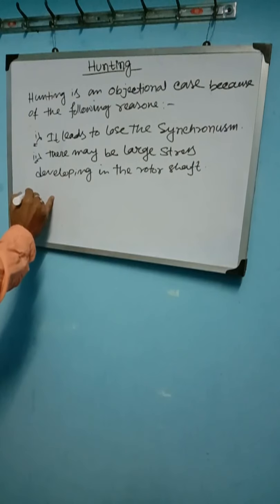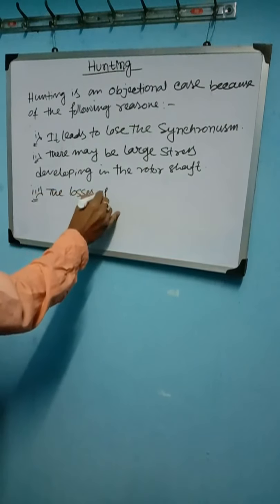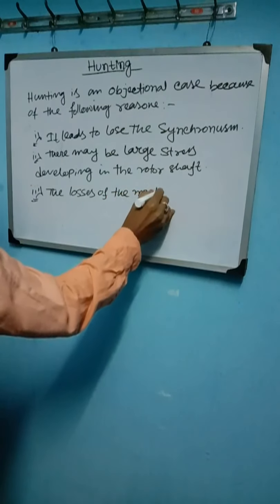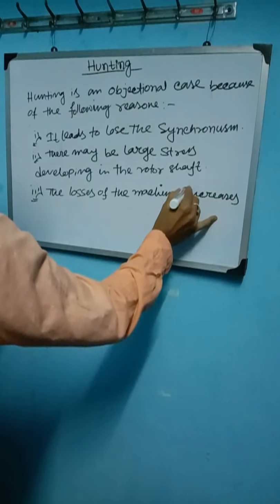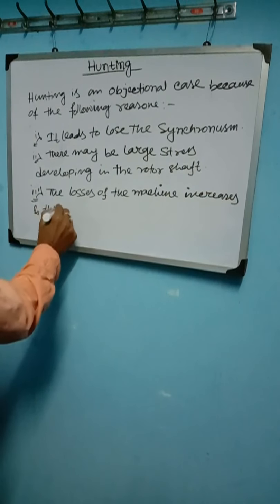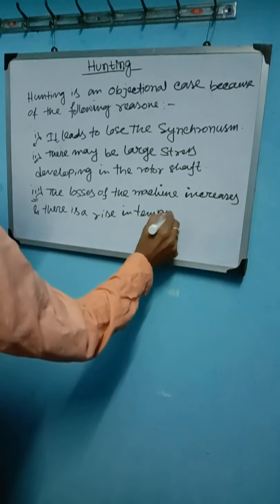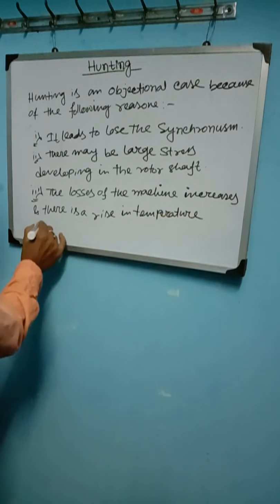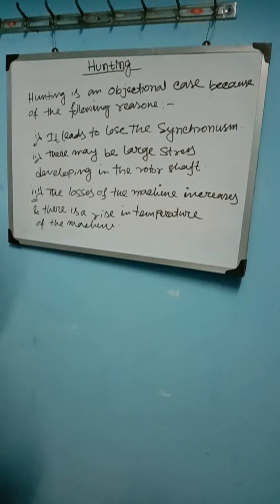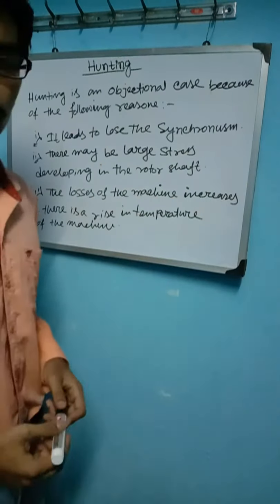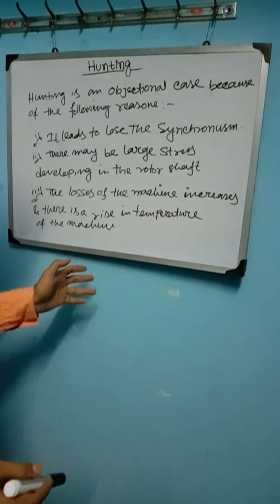And number 3, the losses of the machine increase and there is a rise in temperature of the machine, because it requires more current to develop the torque to reach the same equilibrium position.